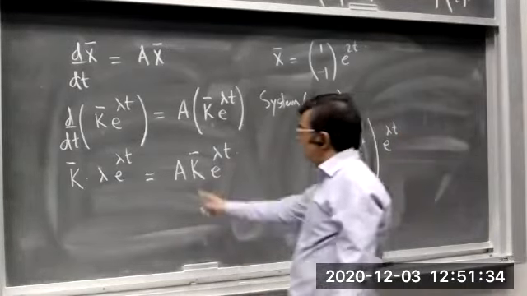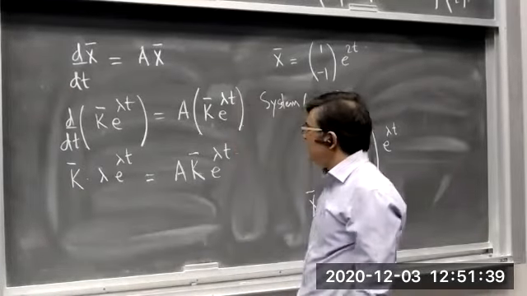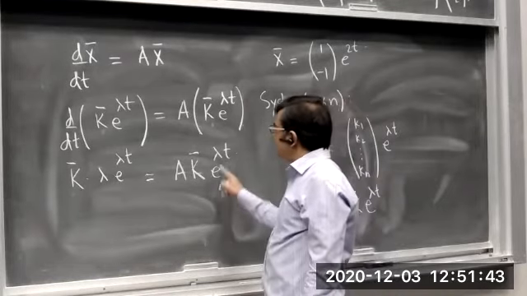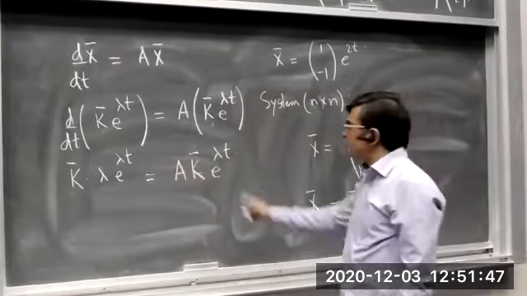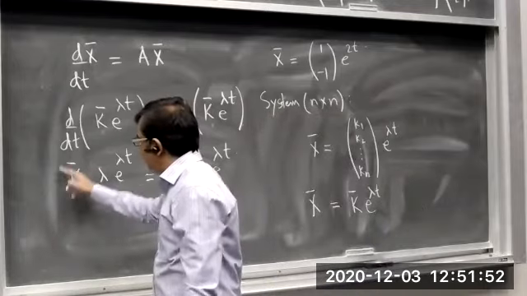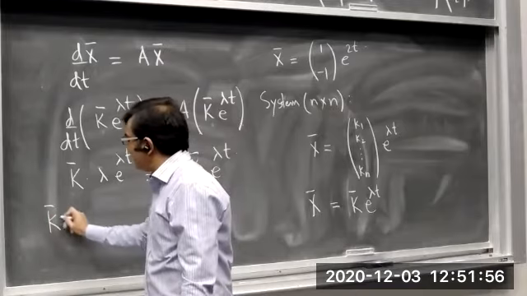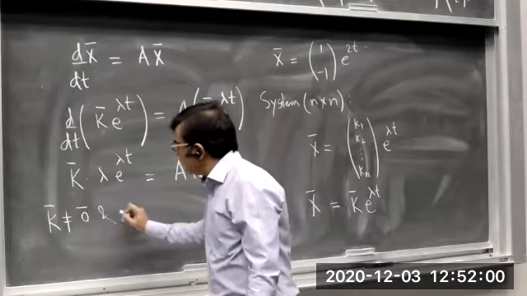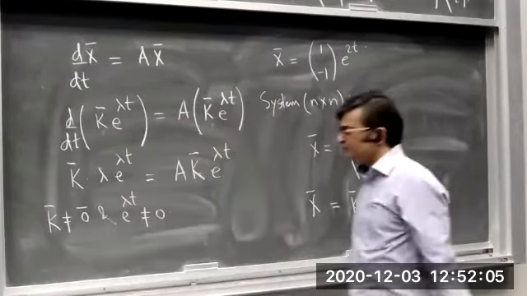Now, this is a k vector and this is also a k vector, so they are identical, and e raised to the power lambda t on both sides is also identical. We assume that the k vector is not a zero vector, and the exponential function is never zero.